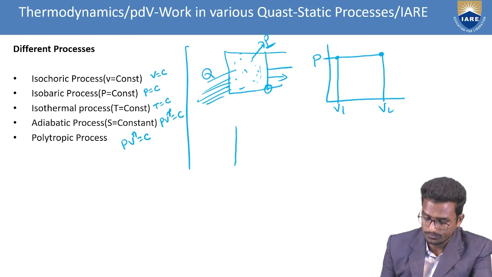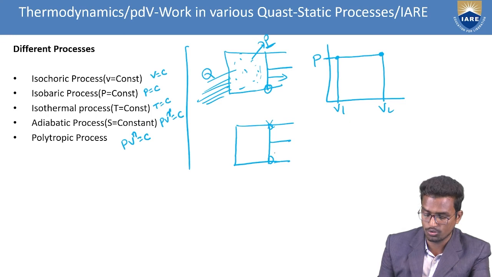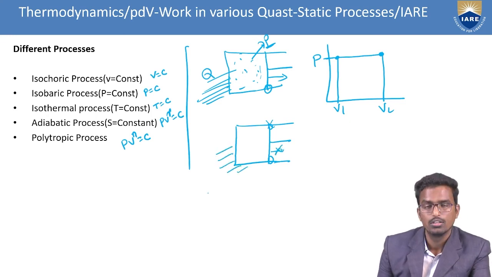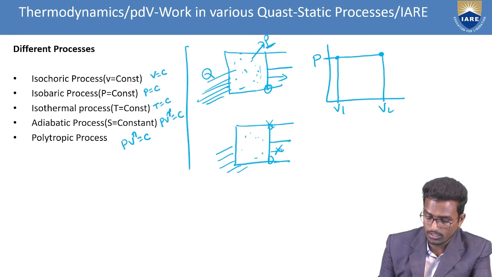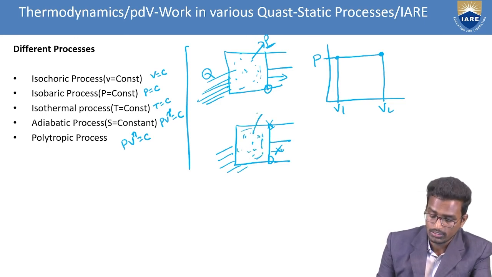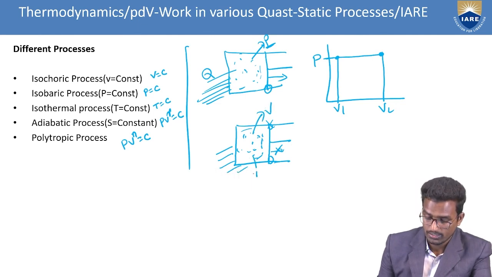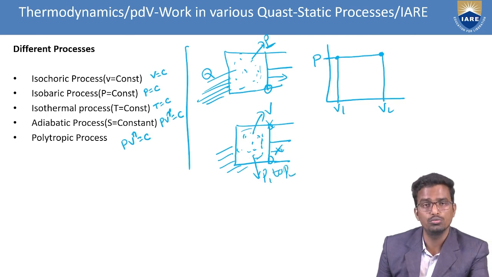Take the same piston and cylinder, but now you arrest the piston with supports, restricting its motion in this direction, and you heat it. In this case, the gas inside slowly heats up. The volume remains constant, but the pressure inside increases from P1 to P2, the initial pressure to the final pressure.